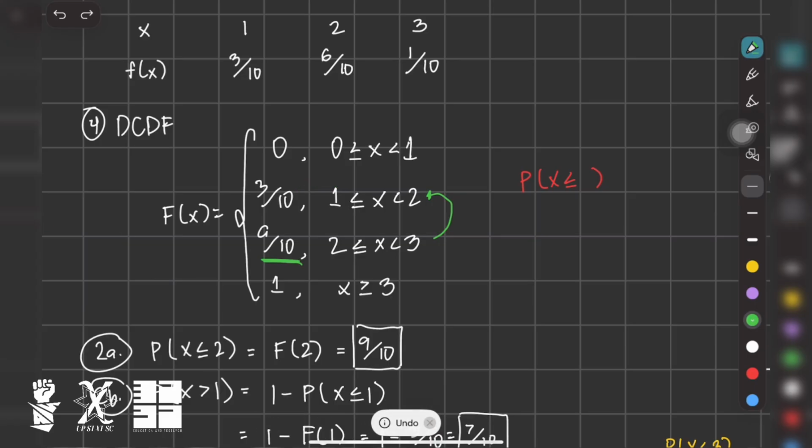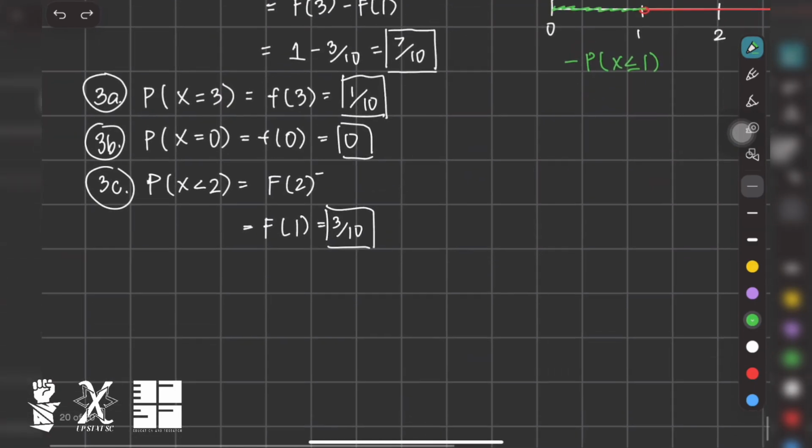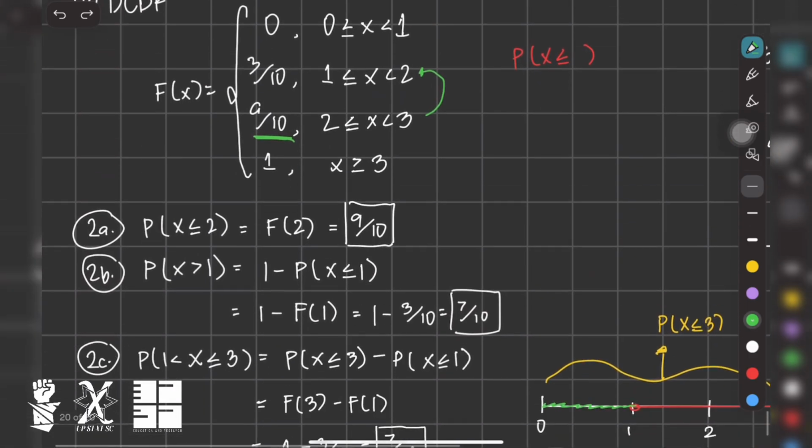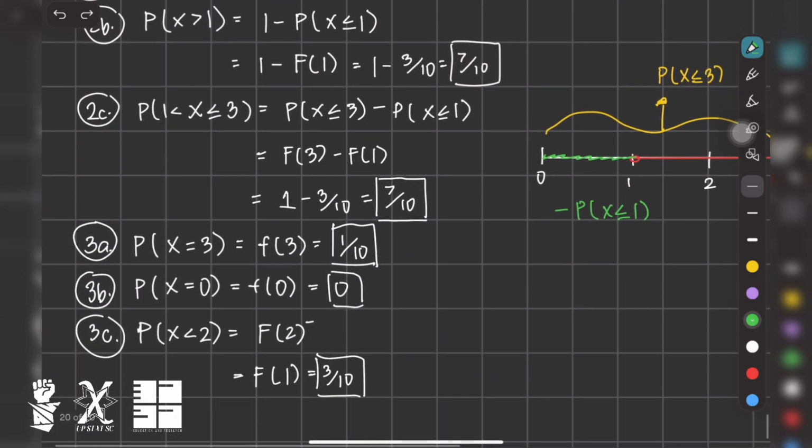Whenever you see this case where it is near the standard notation for your CDF, but you need to remove the equal sign, we can always use the concept of left limit for that specific value of the cumulative distribution function and just go one step down to change the notation.